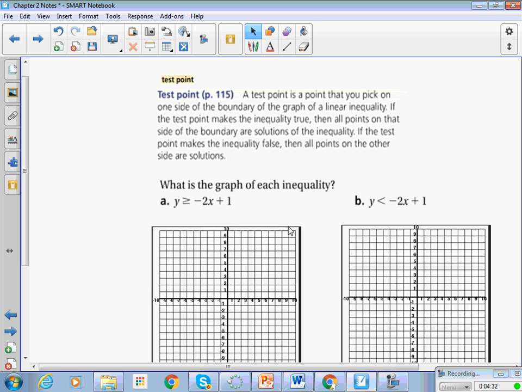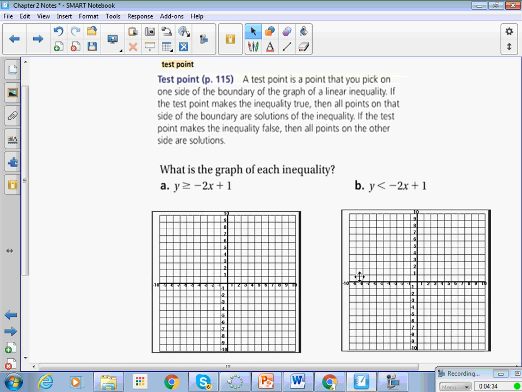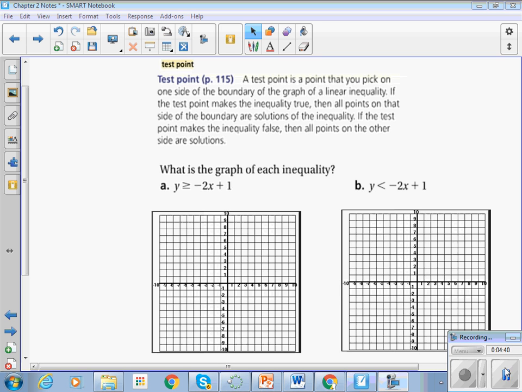We're going to graph these two inequalities, and we're going to pick a test point and see if we have graphed it correctly. The first inequality we're going to look at is y greater than or equal to negative 2x plus 1.